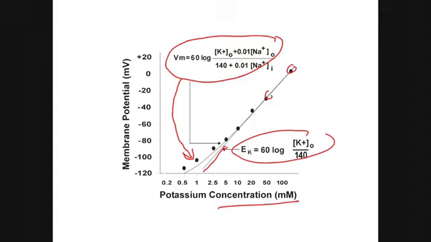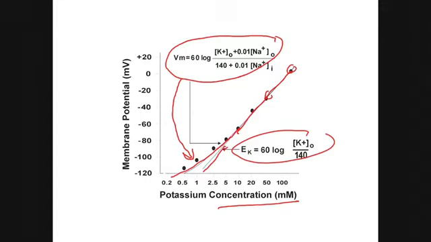Now, it's still not perfect. But you can see there's a much better fit over the entire range of the concentration change. So this then shows that you can predict the potential across the membrane that's permeable to sodium and potassium pretty uniquely by knowing, in particular, the ratio of the sodium to potassium permeability at rest.